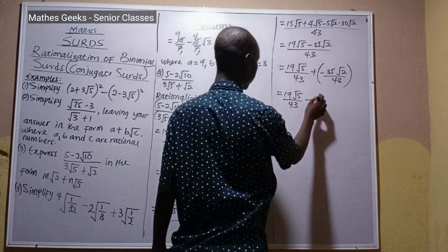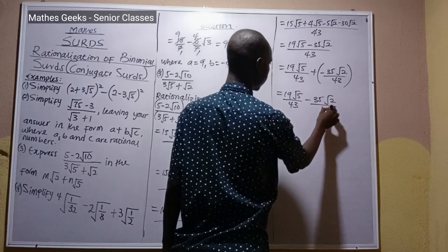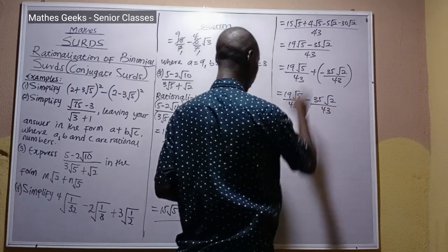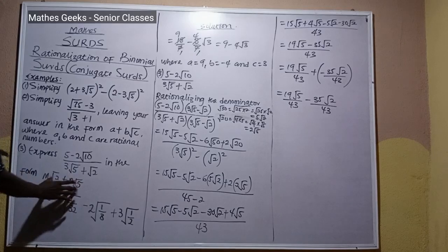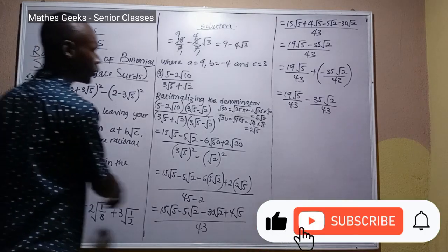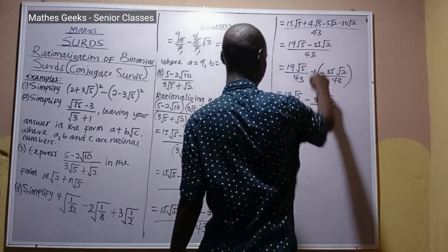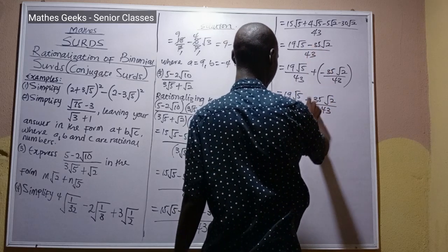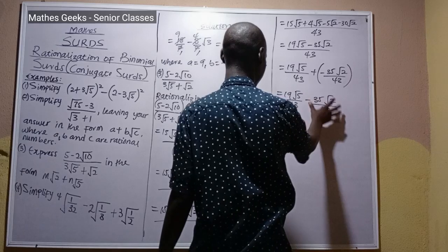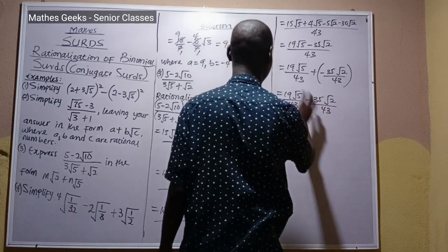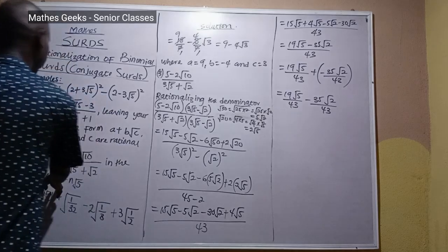Plus times minus is equal to minus 35 root 2 over 43. I did it this way so that I can conform to what we have here, plus. So this plus is what we have here. So plus times, here it's already negative, and if you split it, you can have your minus 35 root 2 over 43. So minus times plus will be minus.